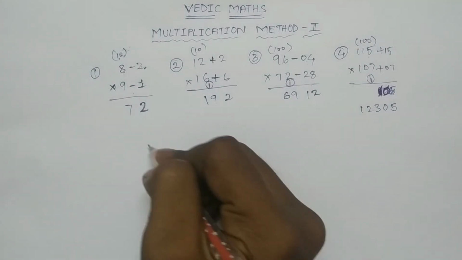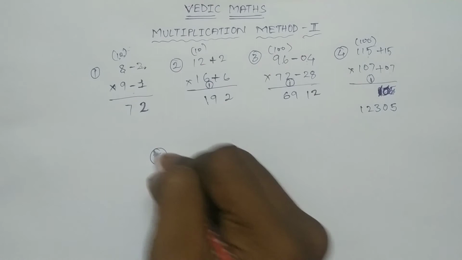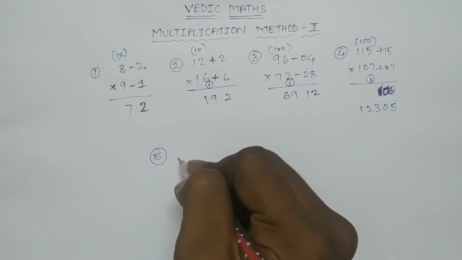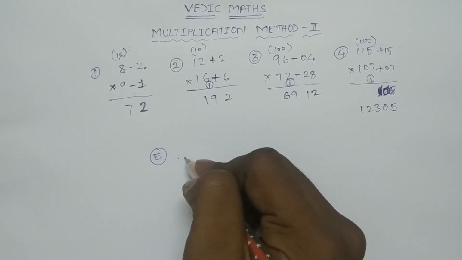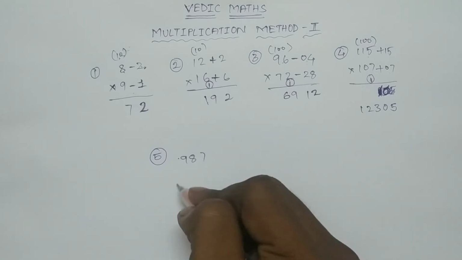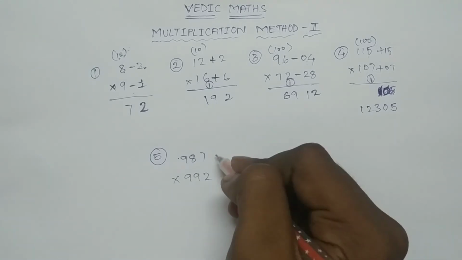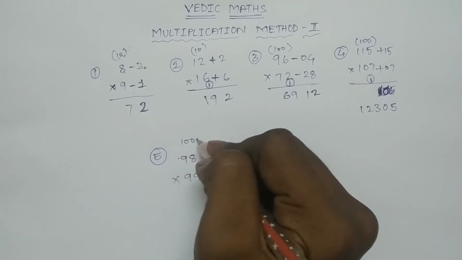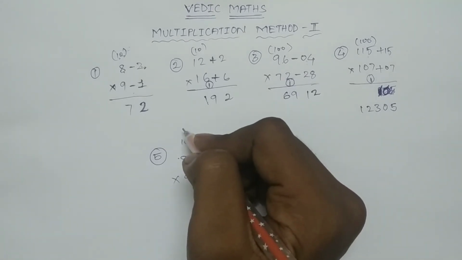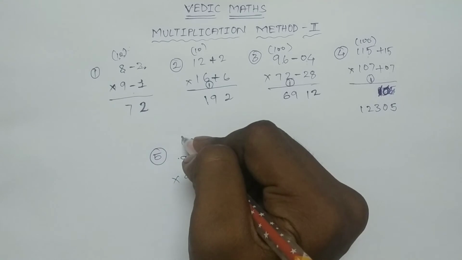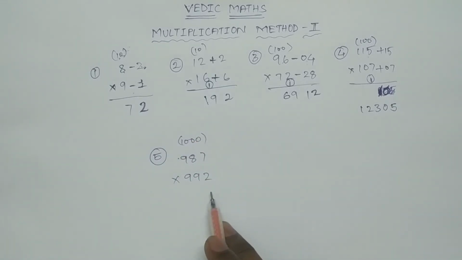Now let's take one more example, our fifth example. Let's take a 3-digit number, 987 into 992. Here again the nearest round figure is 1000, so I am comparing with 1000.